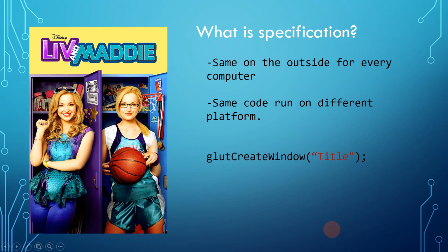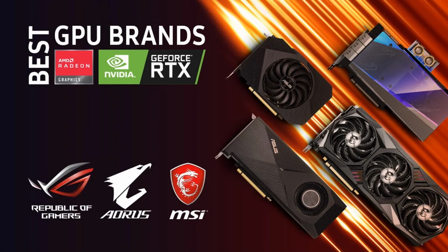The benefit is that the same OpenGL code can run on different platforms or different computer hardware, which has different graphics hardware. So it is the duty of graphics hardware manufacturers like AMD, Nvidia, or Intel to give their hardware-specific implementation of how the graphics will be displayed on your computer.